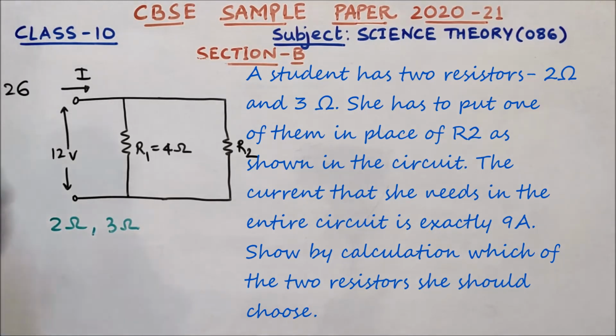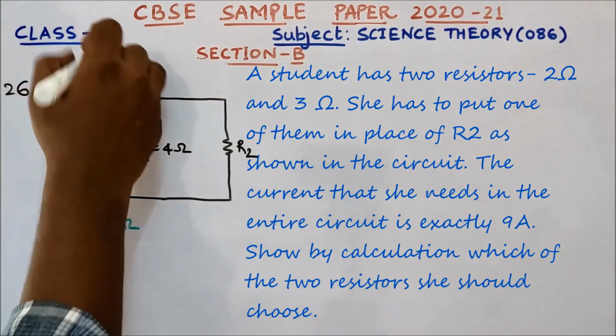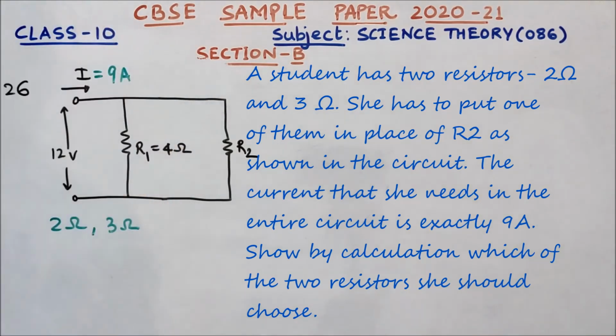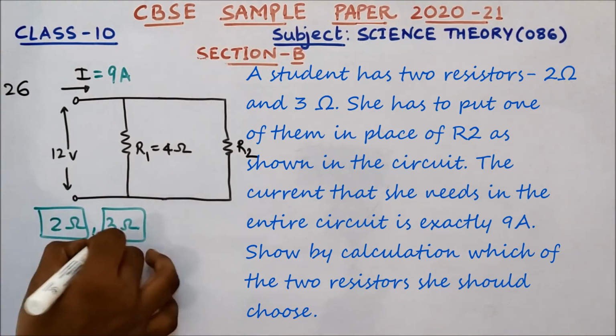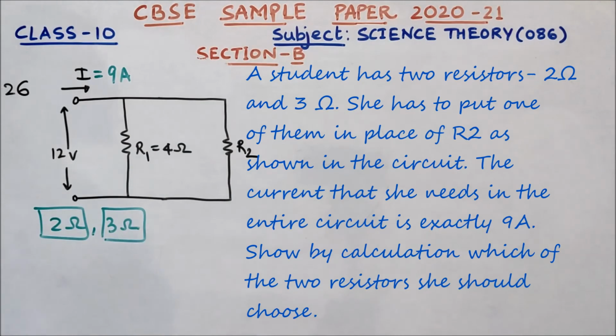That is, the current entering the circuit should be 9 amperes. Show by calculation which of the two resistors should be chosen. Is it 2 ohms or 3 ohms, so that the current entering the circuit is 9 amperes?